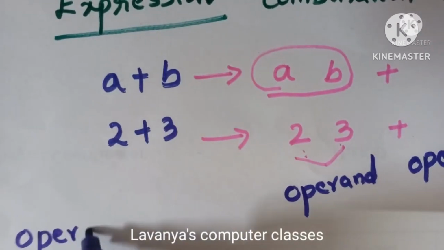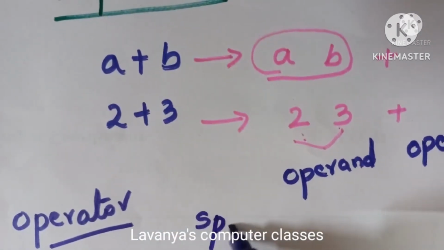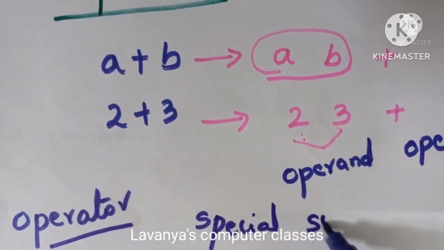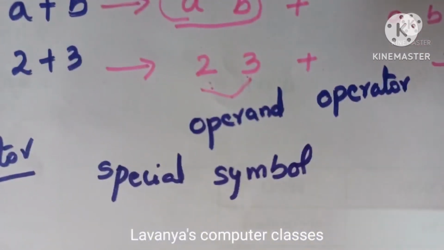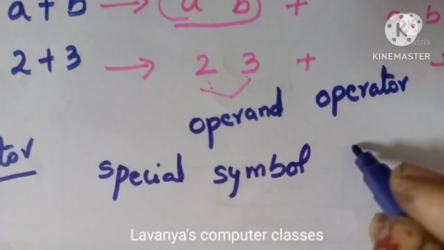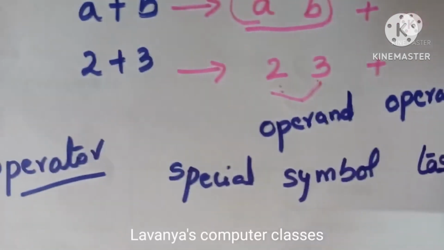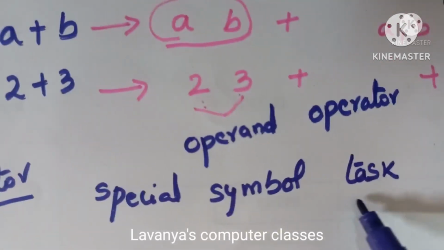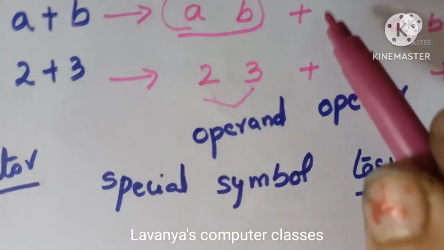So what is an operator? An operator is a special symbol. Here plus is a symbol. It is used for performing some task, some work. In the previous example, 2 plus 3, plus is an operator.